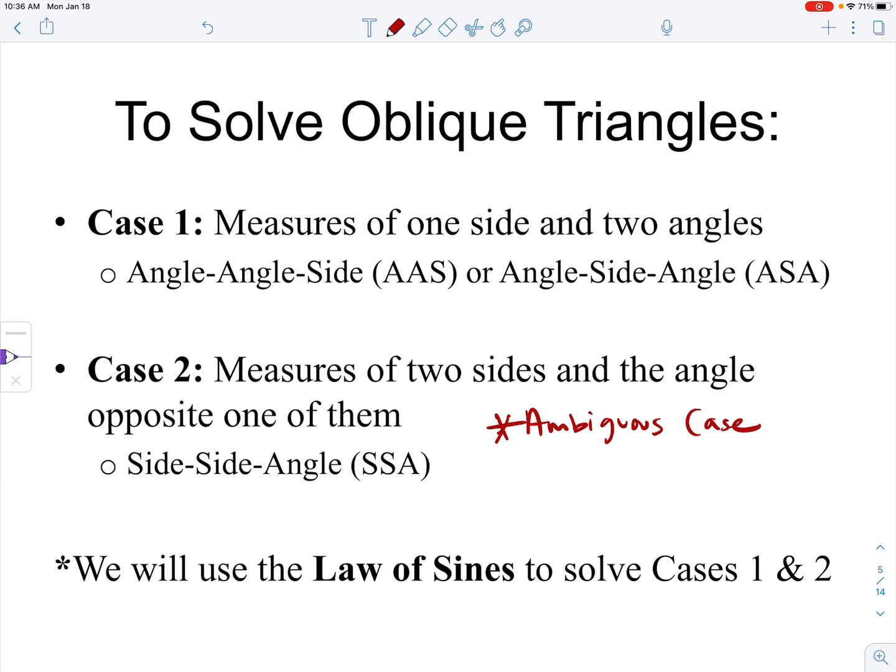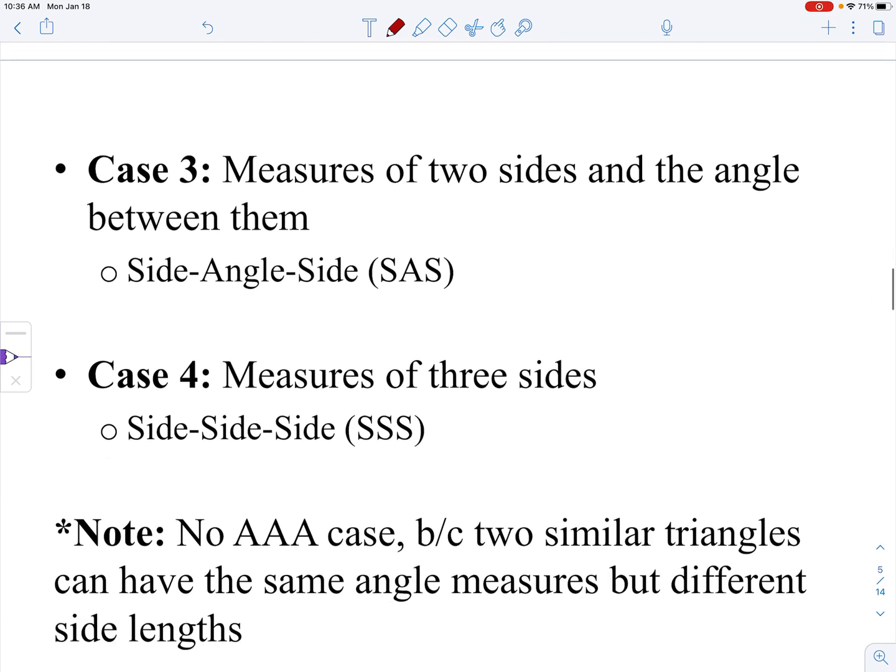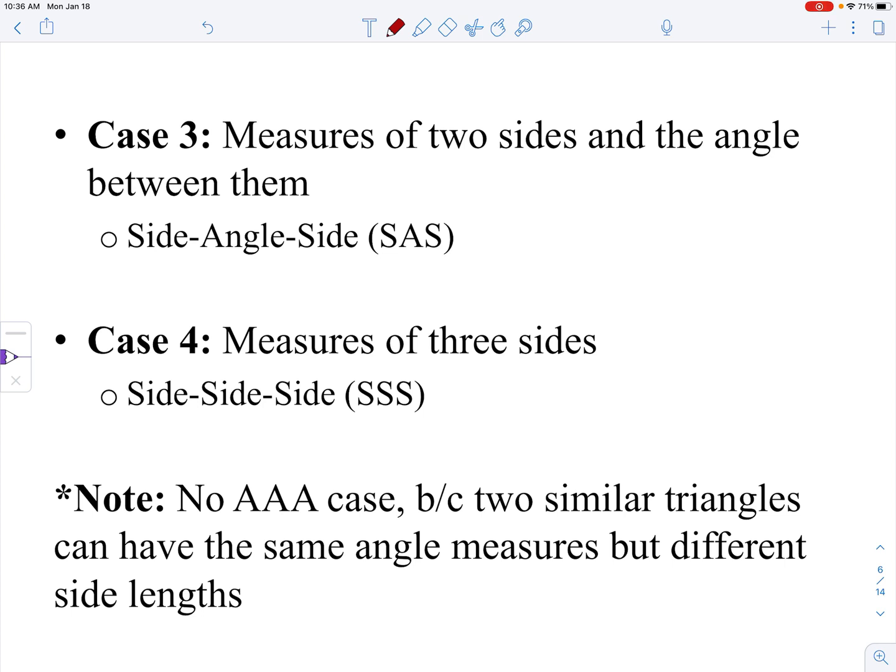We'll talk about how this ambiguous case can occur, but that's when you have 2 sides and an angle. So as the SSA case, or to remember it, you can always think of it as the ASS case. And that just lets you know that you need to watch out for that case.